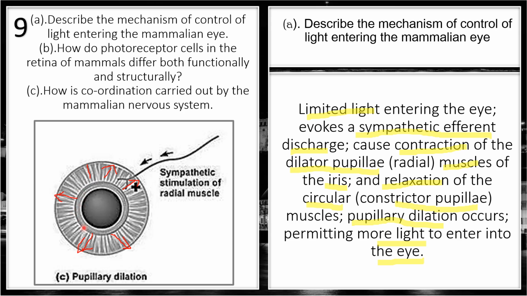And when that happens, the iris or the pupil is going to widen, or it will increase in diameter. And when it increases in diameter, therefore, a lot of light is going to be allowed to enter into the eye.